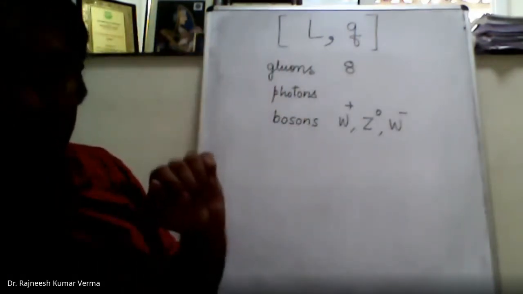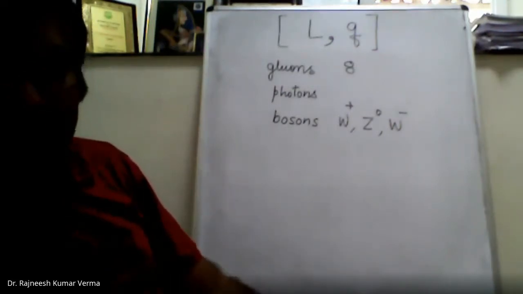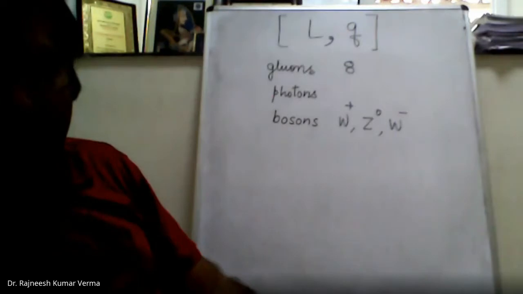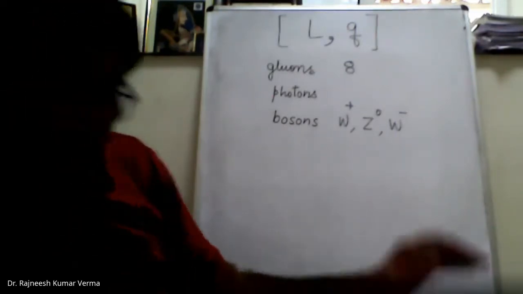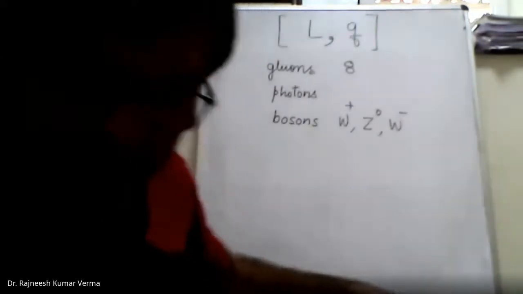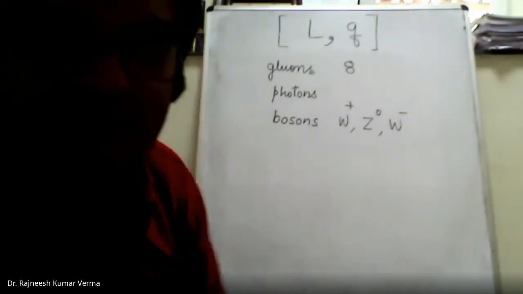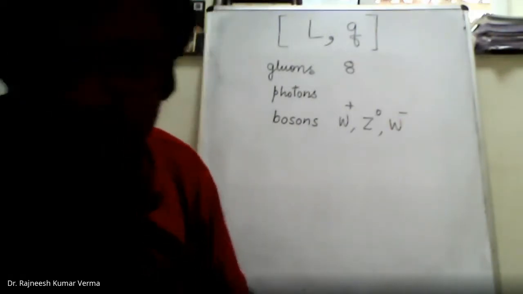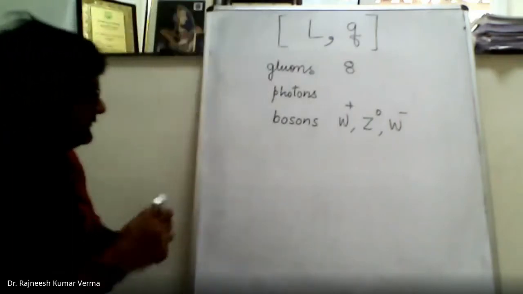And finally, to understand the weak interaction, we require 3 bosons: W plus, W minus, and Z0. So this entire material which is presented to you on the board as of now, this complete picture is called the standard model.